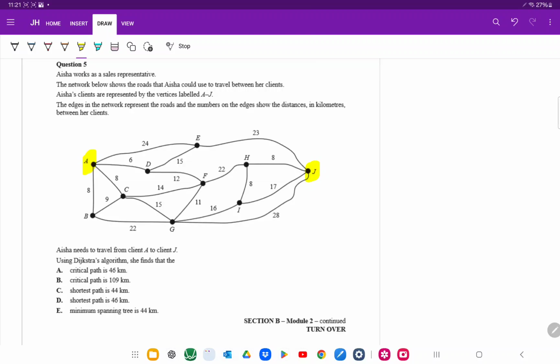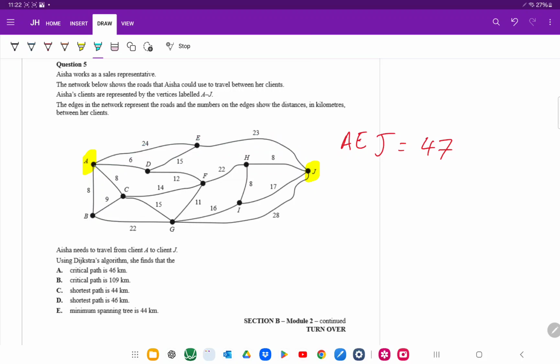Okay, now with A to J, let's investigate all the possible paths. I guess it doesn't really necessarily need Dijkstra's algorithm, but it's really just talking about the shortest path to get from A to J. Now, if we look at the top one, AEJ, AEJ will get us to the path there in a total of 47.